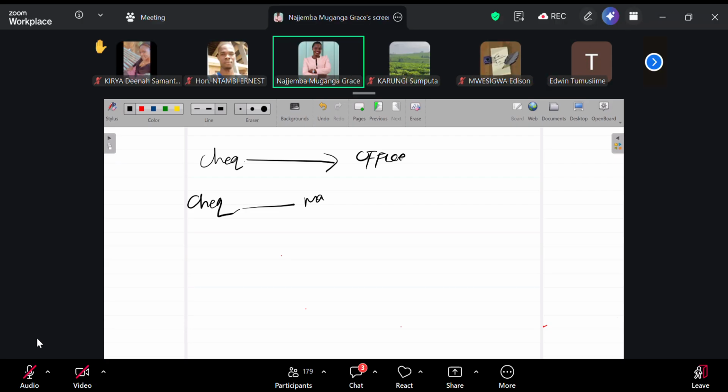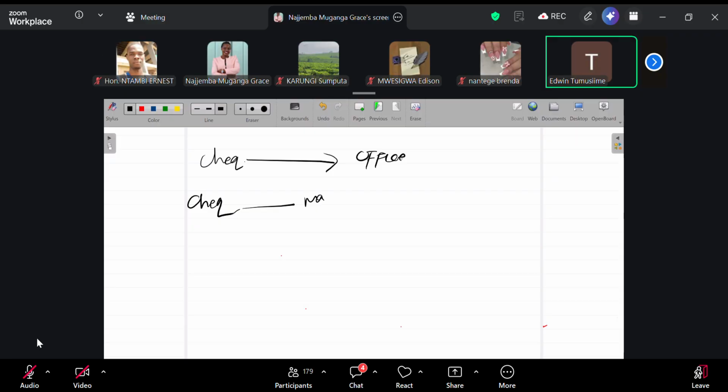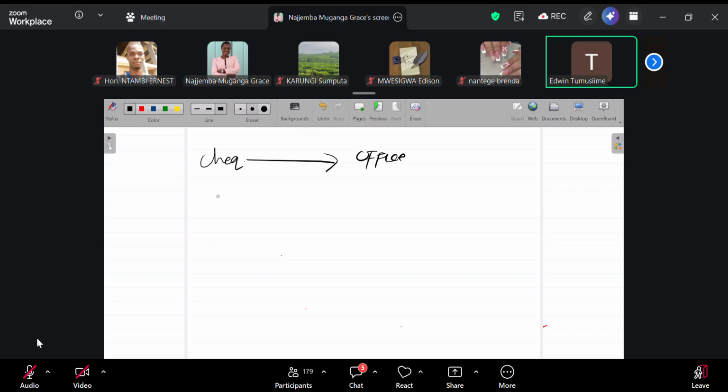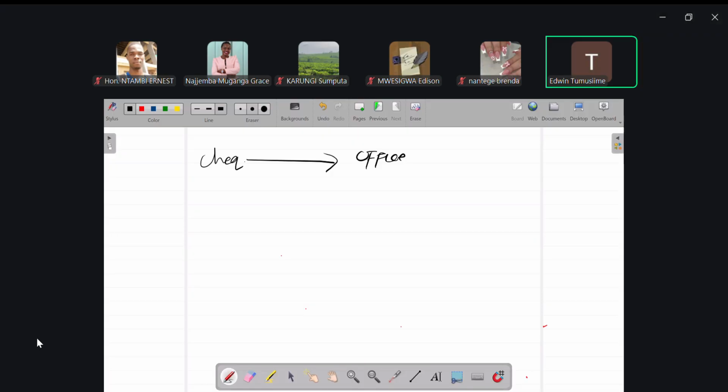I think that's the complete one, the contra entry. So we shall put one on the debit side and one on the credit side. Since money is leaving bank, the bank will be losing to cash. So we shall debit cash and we shall credit bank. In the folio we put a C.